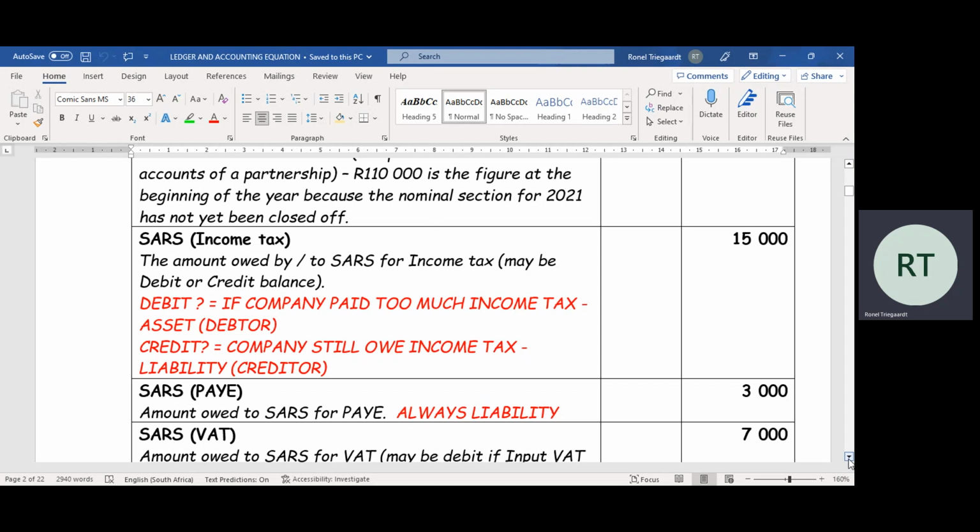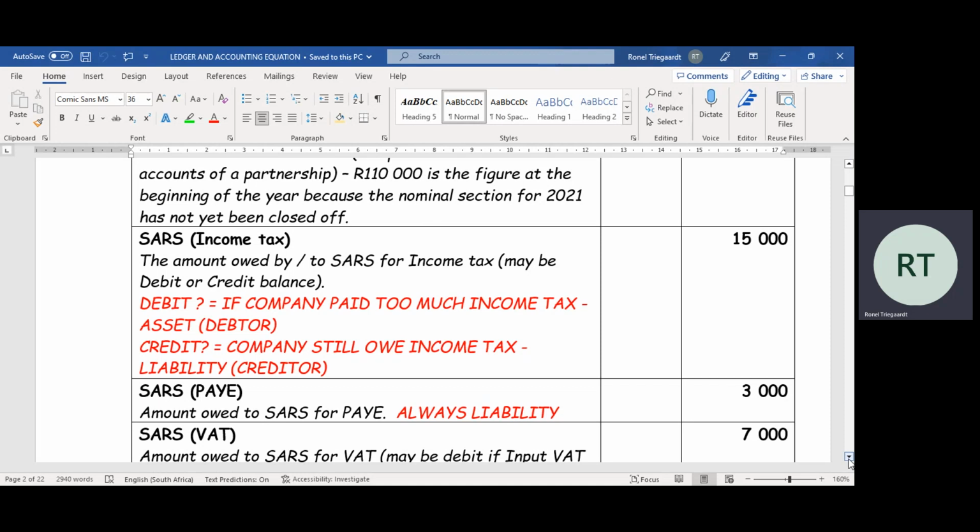By the way, if SARS owes the company tax refund, they don't automatically pay it. The company has to ask, please pay back. As hulle nie terugbetaal nie, gaan Sahid net sê, ons hou die geld want ons weet julle gaan ons volgende jaar weer belasting betaal. And it's a silly company who allows SARS to keep their money in SARS's bank account.